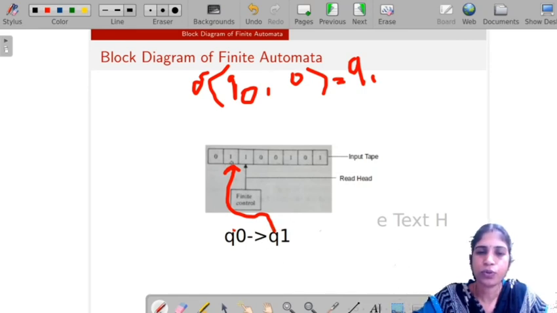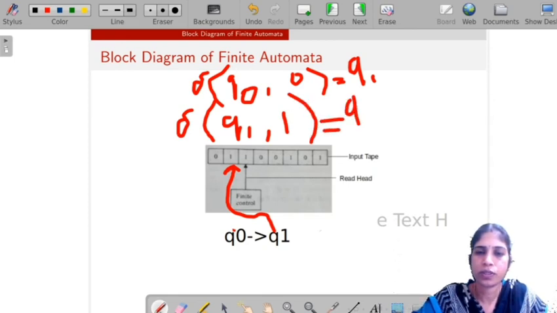It reads the input symbol 1. So the transition is delta of Q1, 1 is equal to, suppose it goes to the state Q2. That means from the state Q1, it reads the input symbol 1 and goes to the next state Q2.